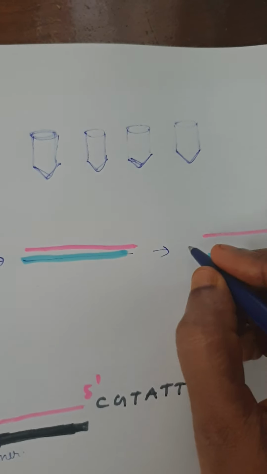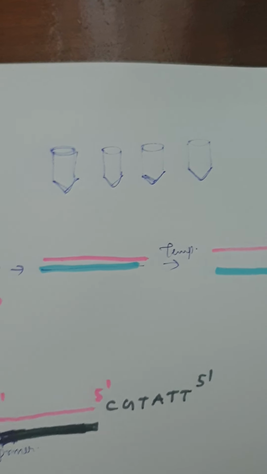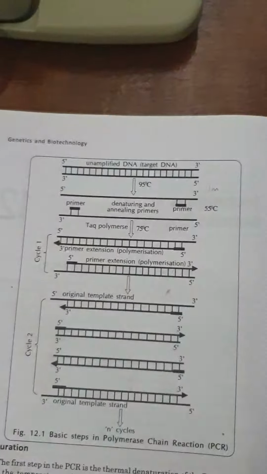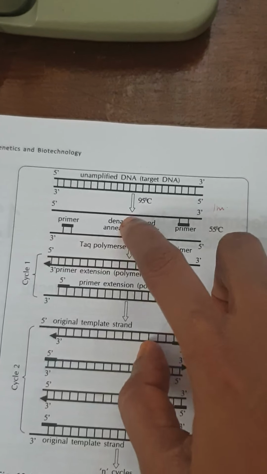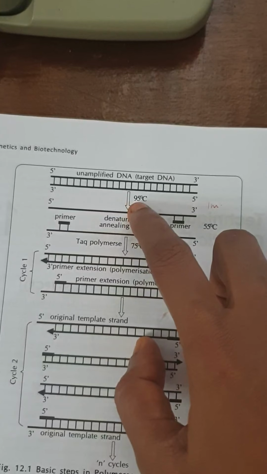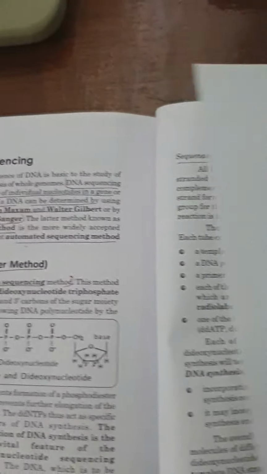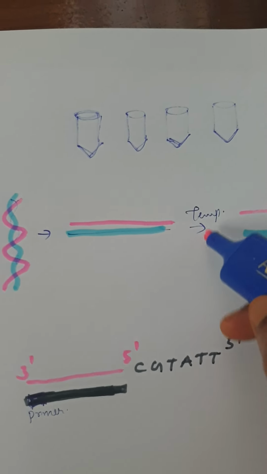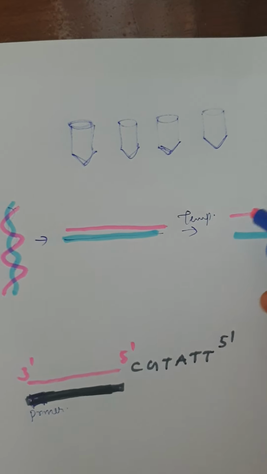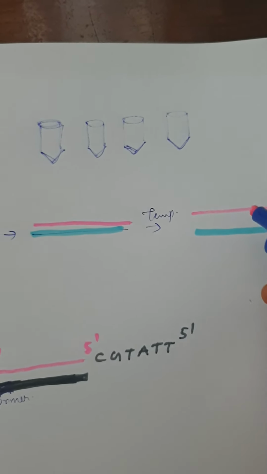We use temperature for denaturation. We have already done this in PCR to separate the strands. We used 95 Celsius there, so the same technique we are using here also. We increase the temperature, then the double strand will separate and we get single stranded DNA.